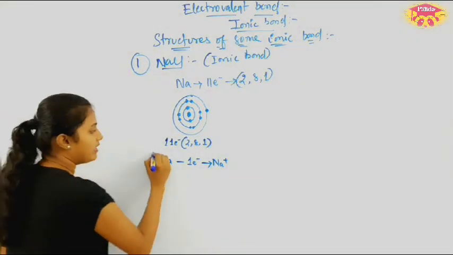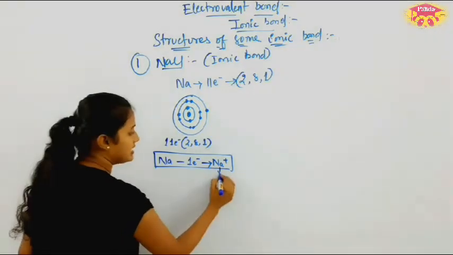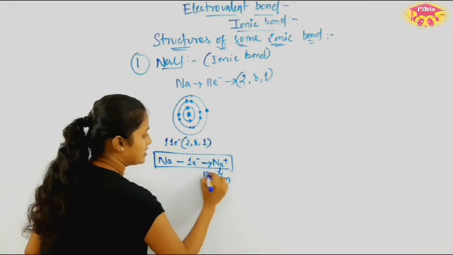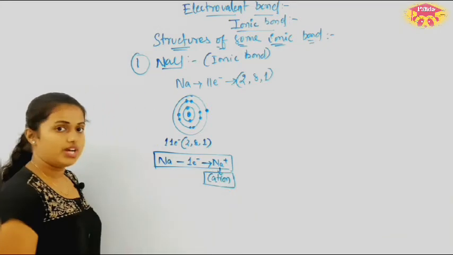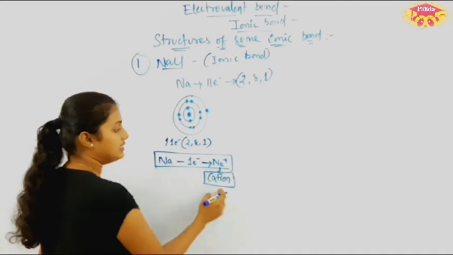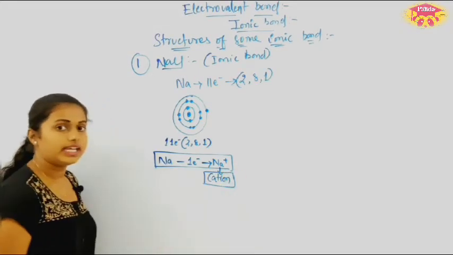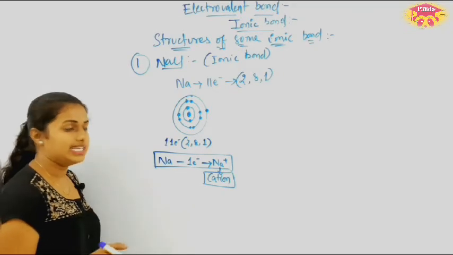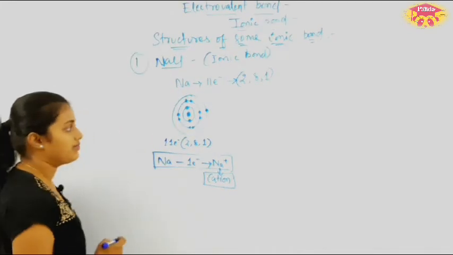The sodium atom loses 1 electron to form sodium ion, and this is known as a cation because it carries a positive charge, students. The atoms that possess some charge are known as ions, and those carrying a positive charge are known as cations.